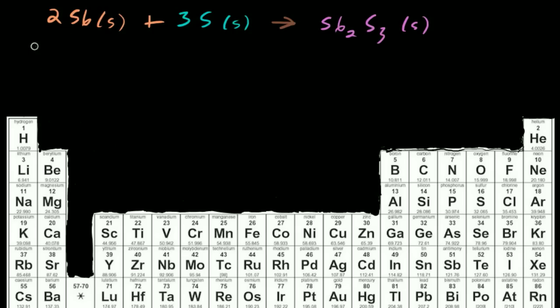We start with 1.97 grams of Sb, and we end up producing 1.26 grams of Sb2S3. What we are looking for is the percent yield.